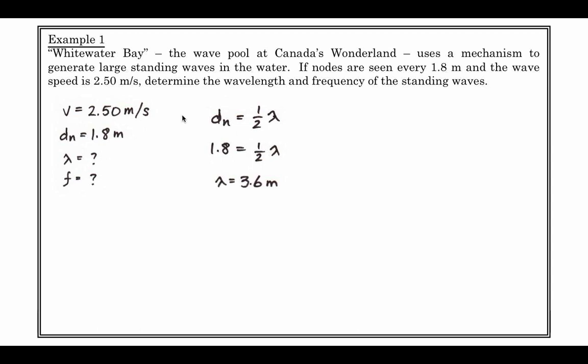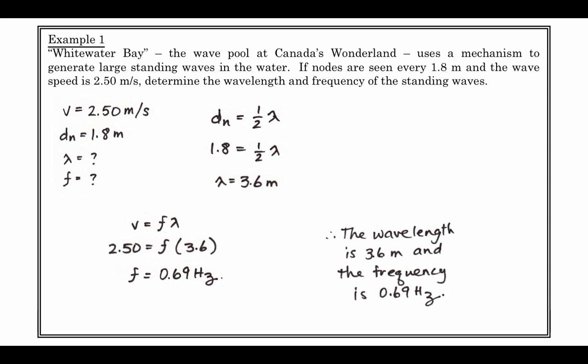If you have trouble visualizing this, just sketch out a little sine curve and see how much a wavelength is, and how much is the distance between two nodes, and you'll see that it's exactly half. Now we can use v equals f lambda. We can substitute in, and we see right away that the frequency is 0.69 hertz, and that's the wavelength and the frequency of this setup.